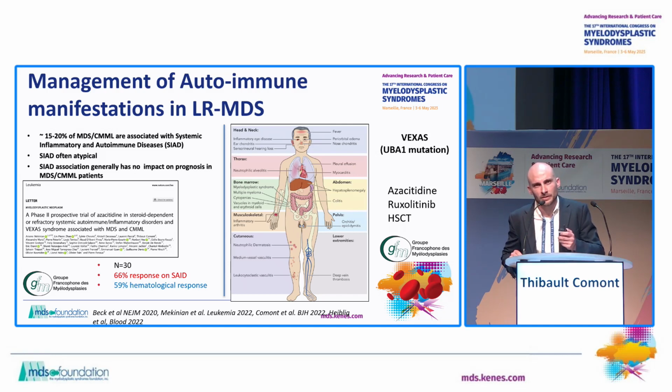This is a new disease first described in 2020, leading to large autoinflammatory and autoimmune manifestations, and due to a UBA1 gene mutation. And there is a strong correlation between low-risk MDS and this disease. So some patients with MDS with inflammatory symptoms have, in fact, MDS with VEXAS.